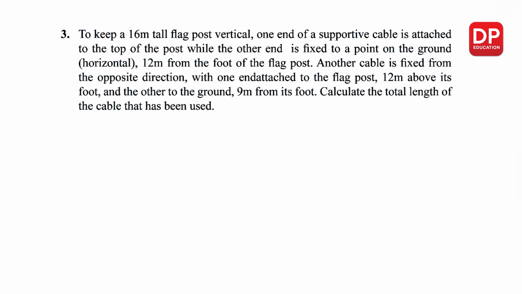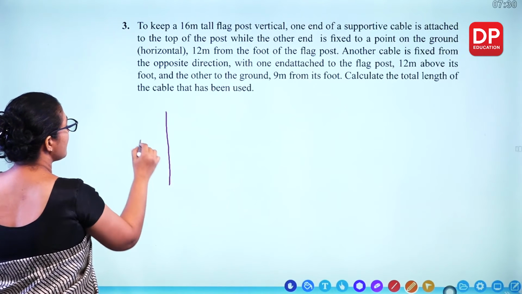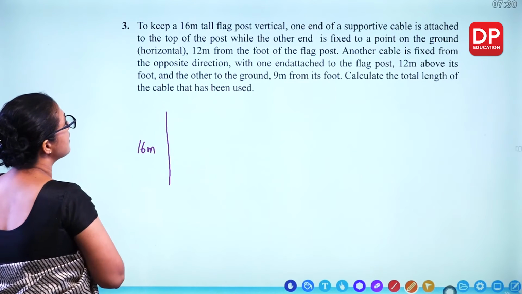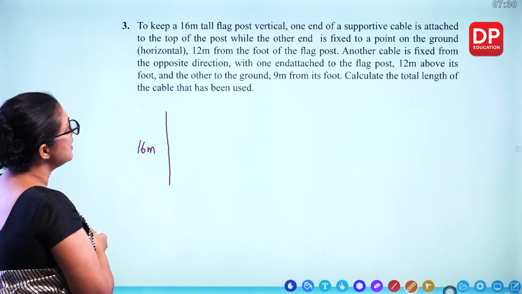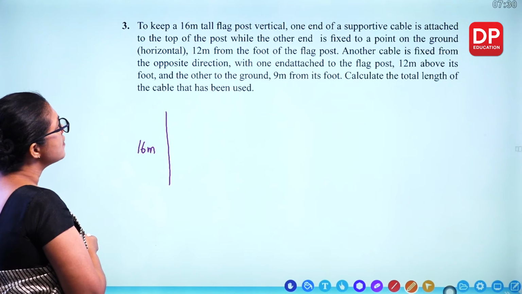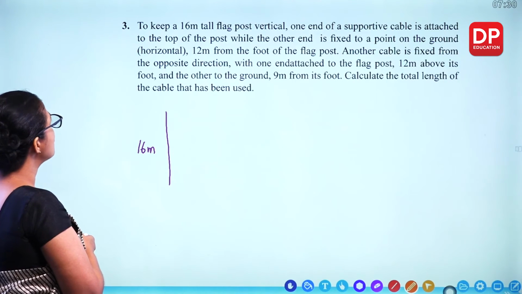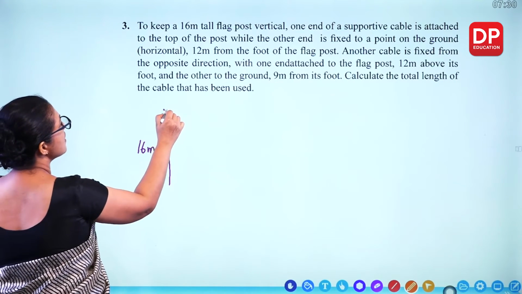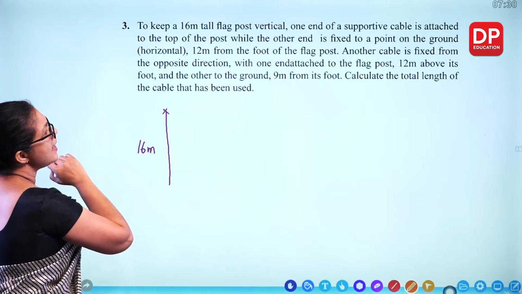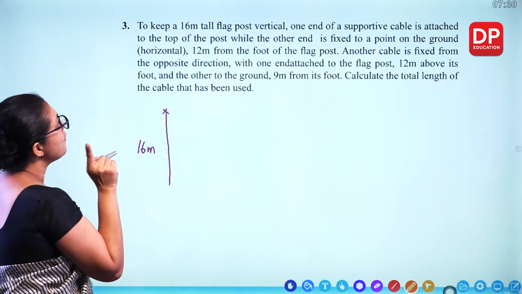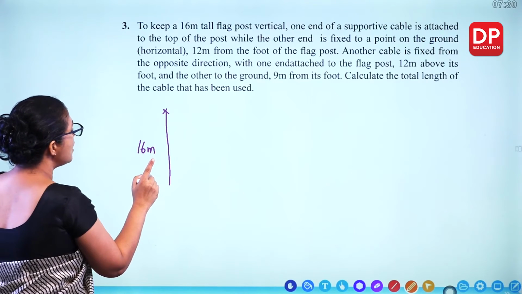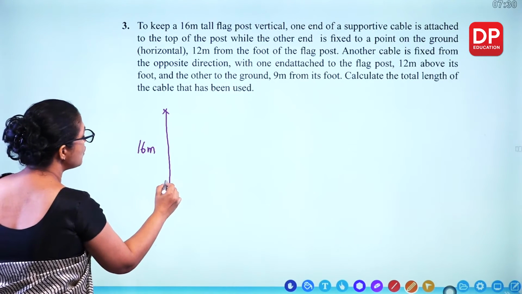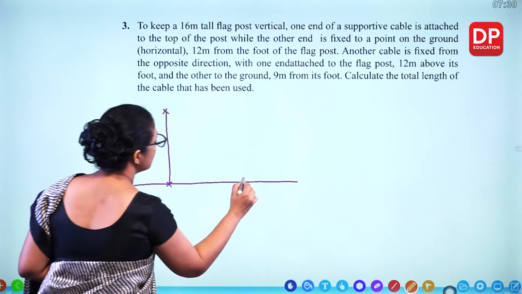Question number 3. To keep a 16-meter tall flag post vertical, one end of a supportive cable is attached to the top of the post, while the other end is fixed to a point on the ground horizontal 12 meters from the foot of the flag post.